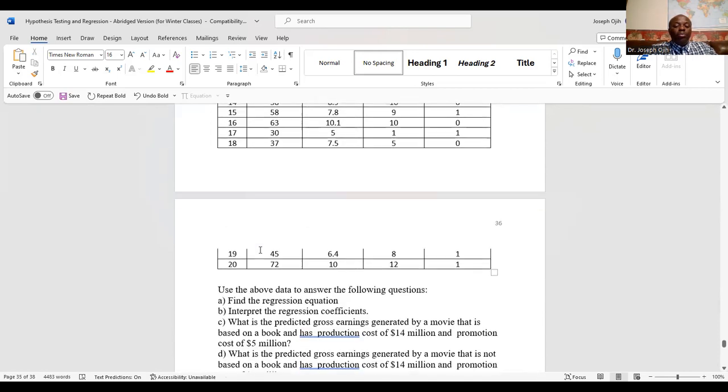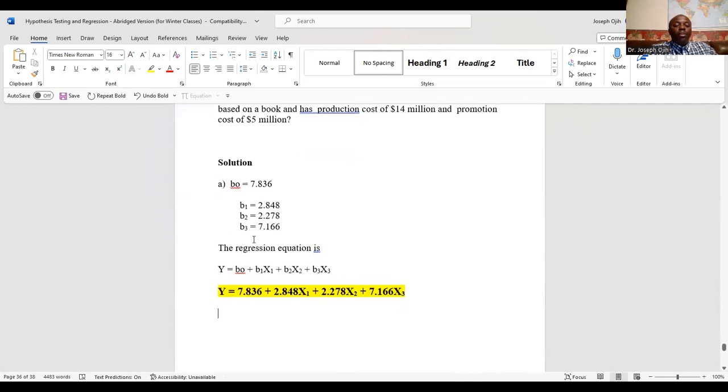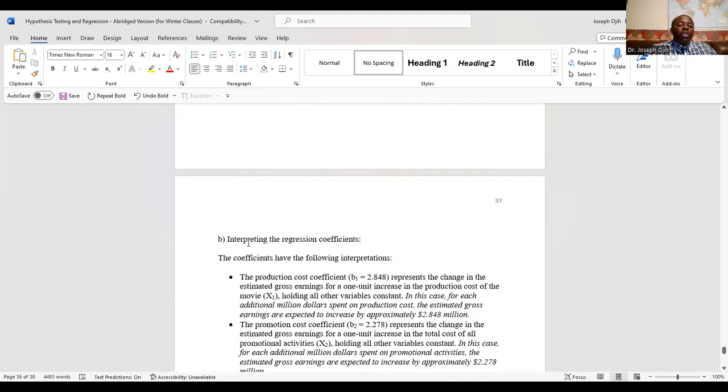B1 is 2.848, which means that for each additional $1 million spent on production costs, the estimated gross earnings are expected to increase by approximately 2.848 million.